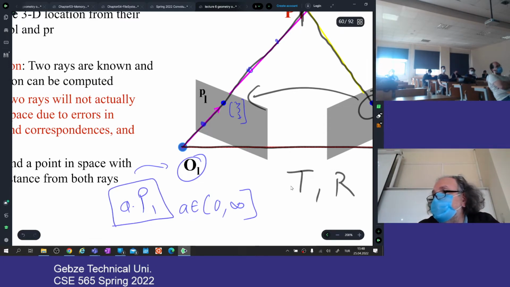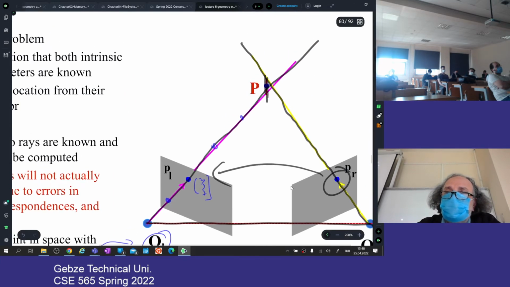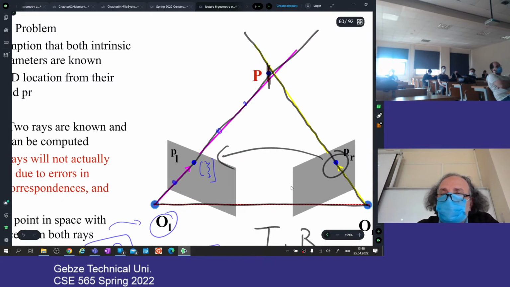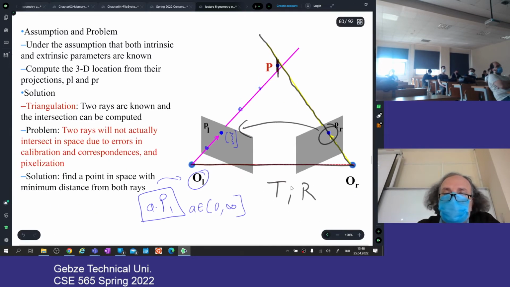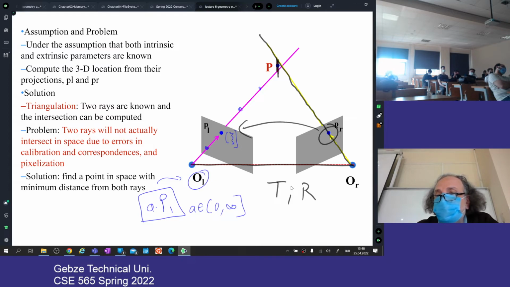So you change A from 0 to infinity, you get all these points on this red line. That's how you represent lines in the 3D world.